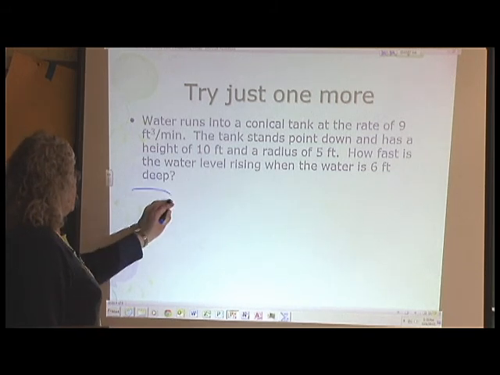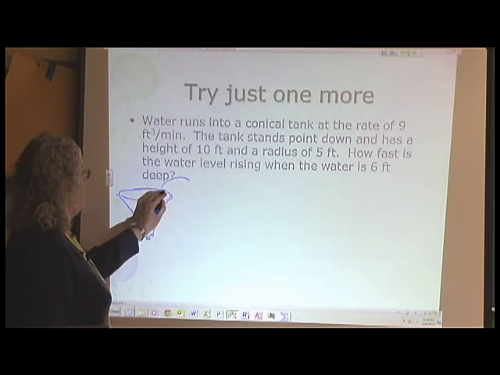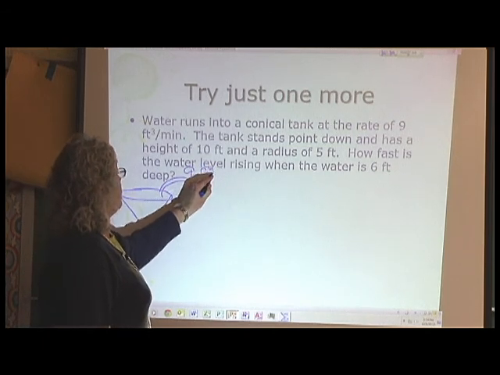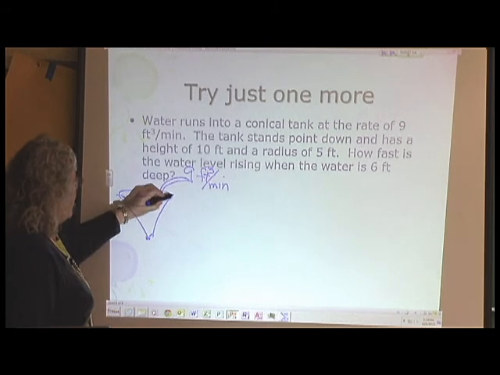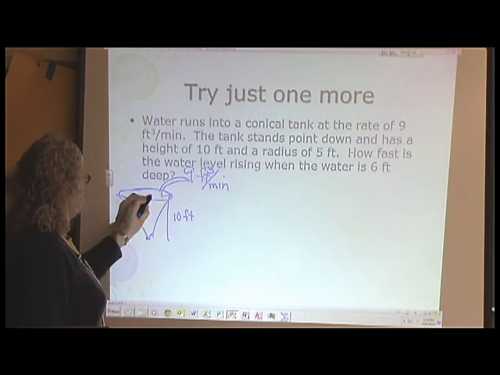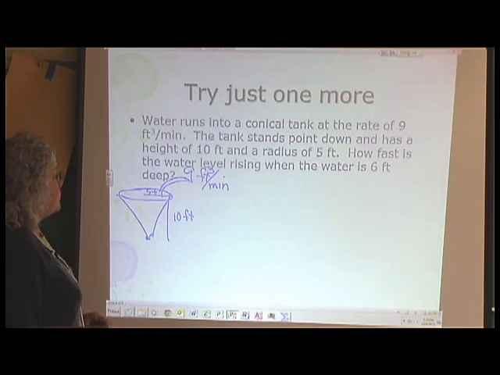The tank stands point down, and it's running in at 9 feet cubed per minute. It has a height of 10 feet and a radius of 5 feet. How fast is the water level rising?